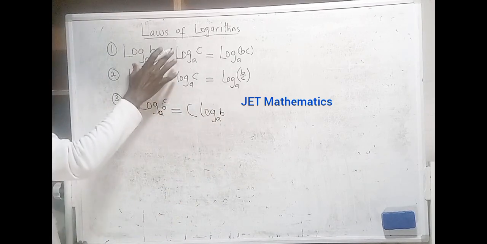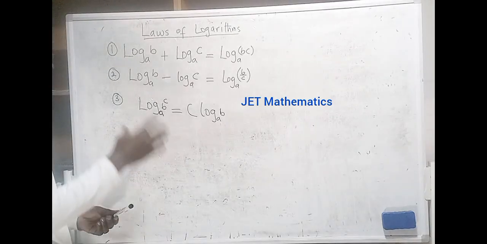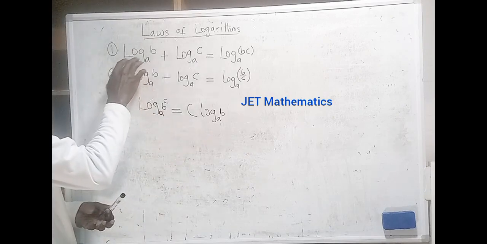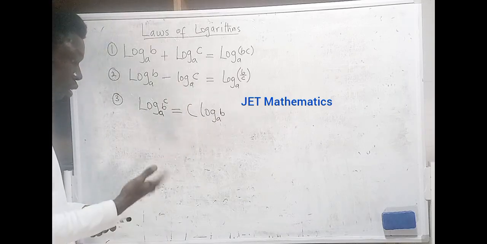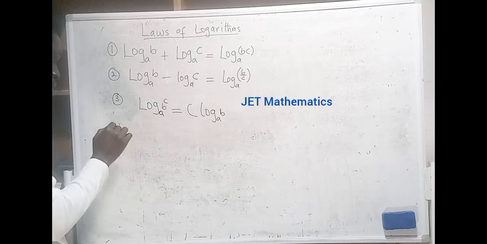So you discover that these laws are just the reverse process of indices. In our last video we saw the relationship between logarithms and indices, how you transform logarithm expressions to indicial expressions.